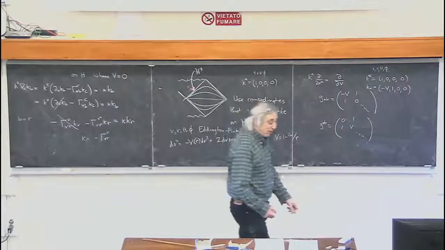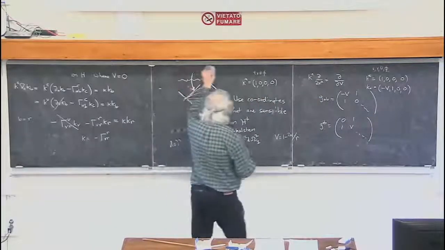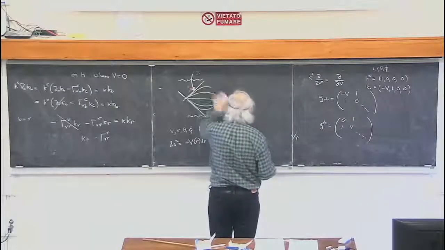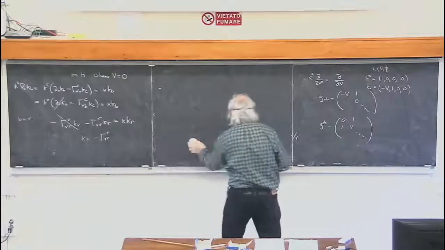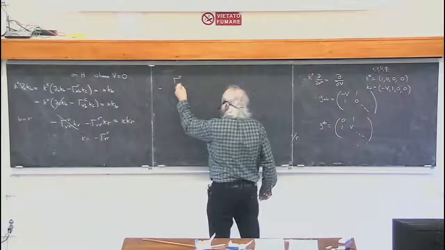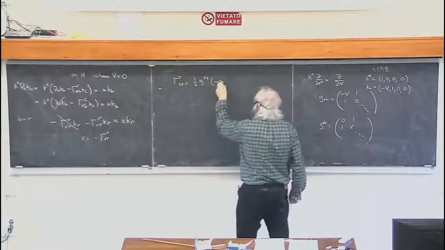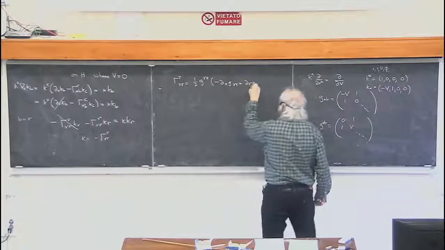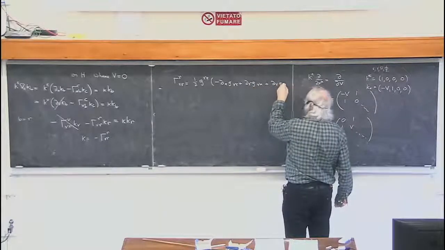Now let's calculate gamma r v r. Gamma r v r is equal to a half g r anything, minus d a anything g r v, plus d r of g v a, plus d v of g a r.